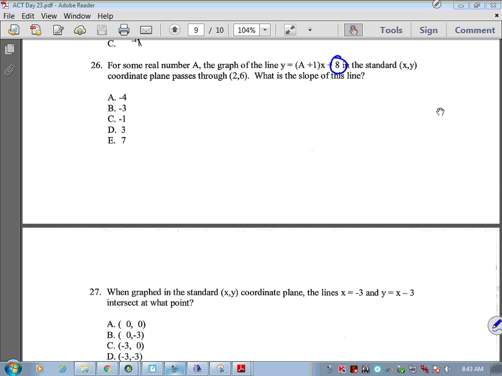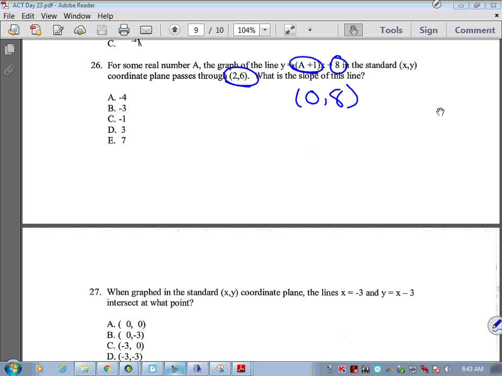If the y-intercept is 8, the location of the y-intercept is always going to be 0 and then whatever the y-intercept is, which is 8. So that's the coordinate of that, right? All right, so what we're saying is that if it passes through (2, 6) and (0, 8), well now I'm back to that slope equation, right? Because I know that this is my slope.